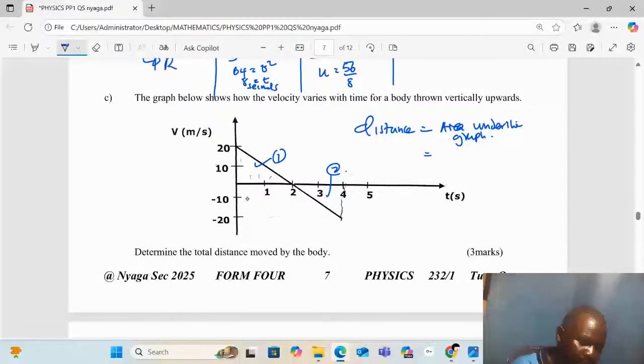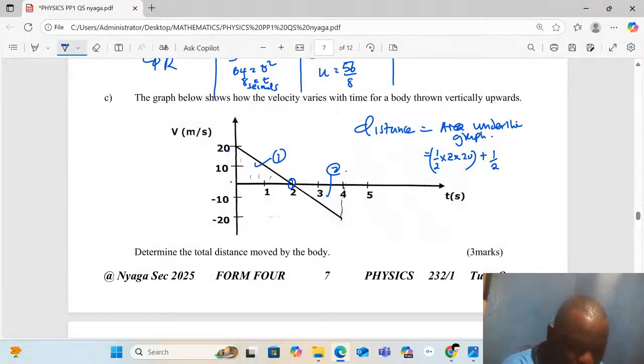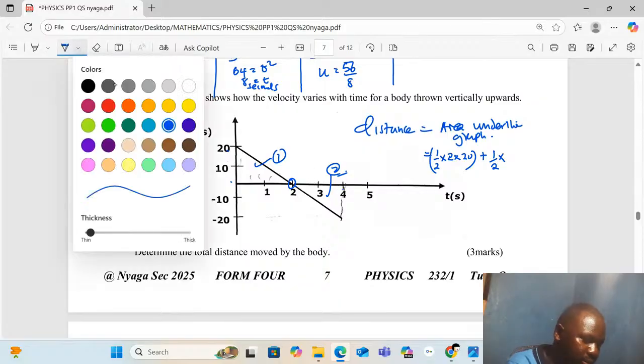From triangle 1, you can see the base is up to 2 and the height is up to 20. So we say half times 2 times a height of 20 plus half times, for this triangle 2, the base will be from 2 up to 4, we have 2. Let me use a different shade.